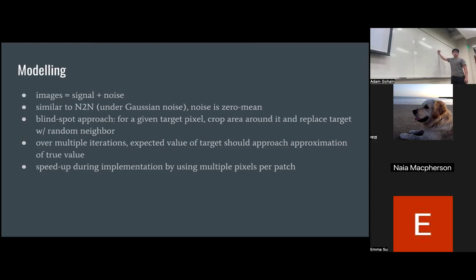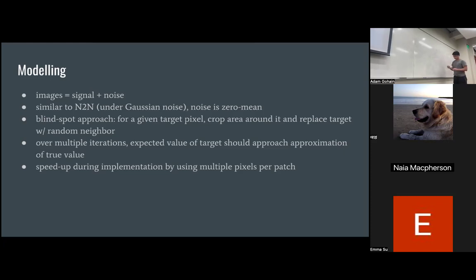You take any one of the cells within this patch and replace it in here. Then you shuttle it through the model and try to map this noisy patch back to itself. So basically trying to map this cell back to this cell.